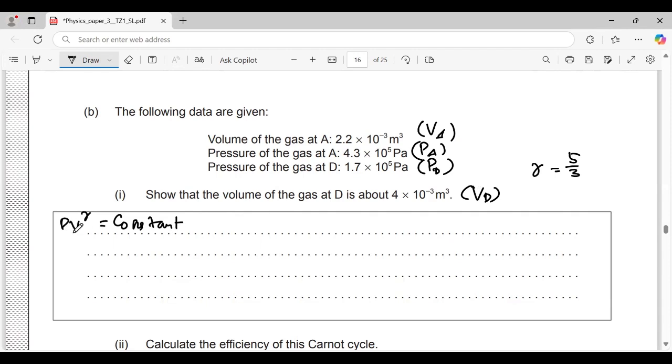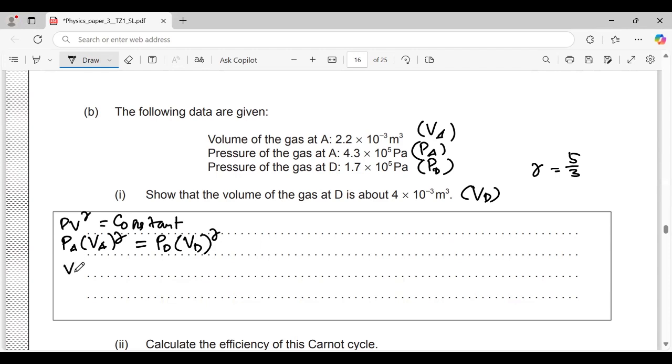So we can expand this formula: pressure A times volume A to the power gamma equals PD times VD to the power gamma.